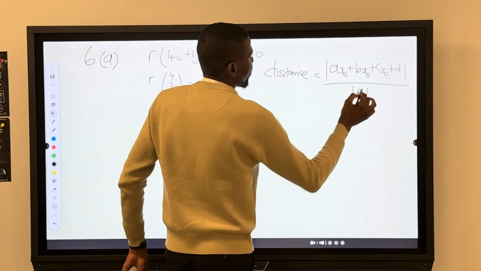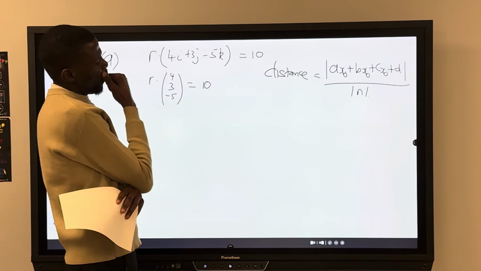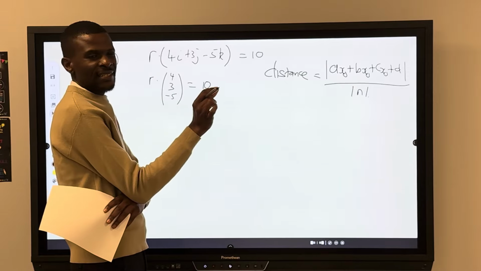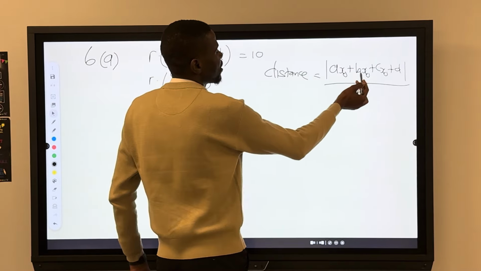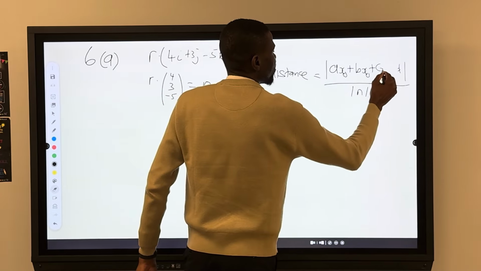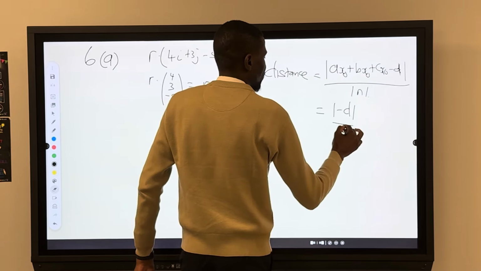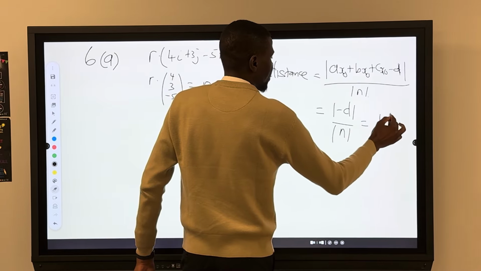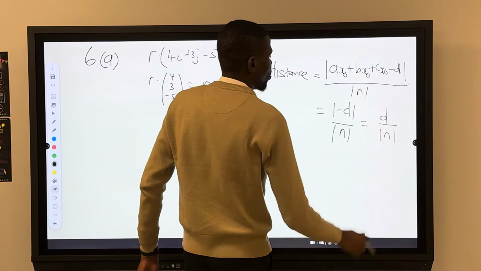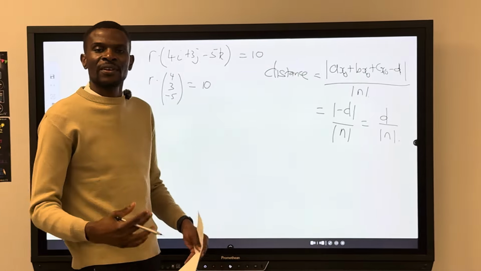Since it's from the origin, which is (0, 0, 0), if you plug in 0, 0, 0, it's supposed to be minus d. Since it's 0, it's going to be that over that. So guys, always know that it's always d over the magnitude of the normal vector. That's how we find the distance from the origin to the plane.